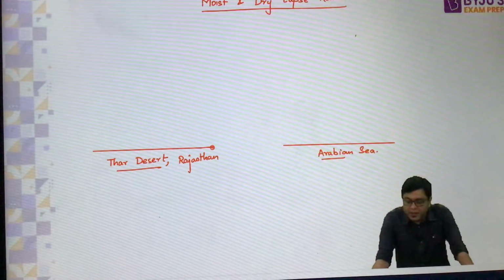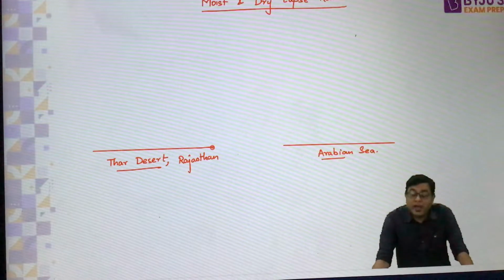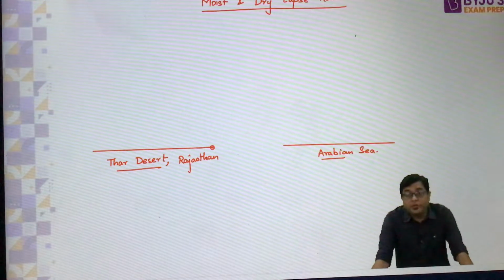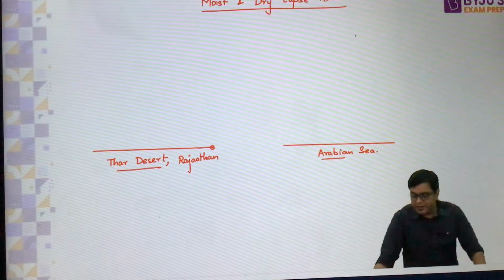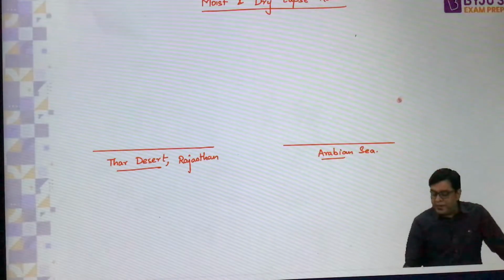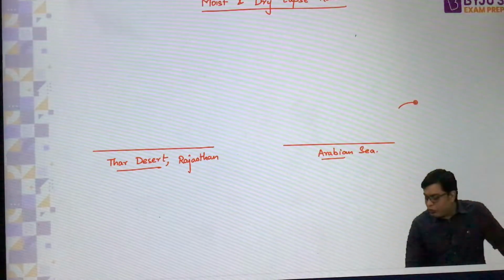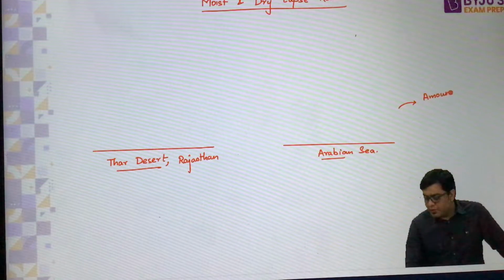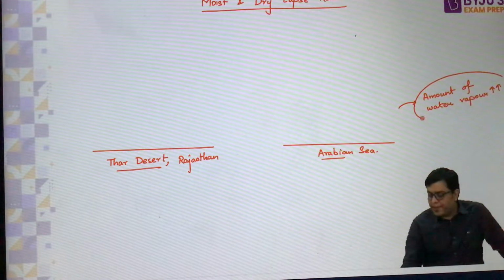So here, what characteristics can we assume with respect to the air quality or the constitution of air in these areas? In this area, can we say that the amount of water vapor will be high?